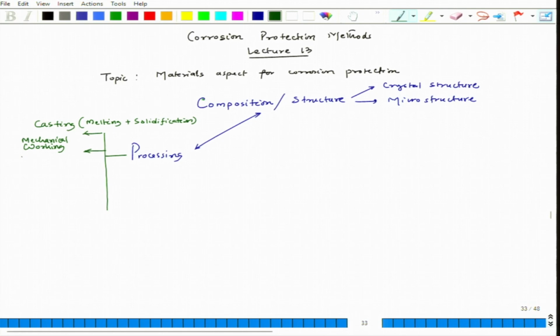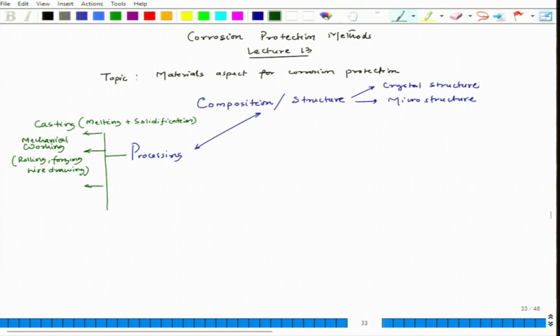and in this particular case we are considering rolling, forging, wire drawing, all those processing factors. In fact, there will be a strong influence of those processes on the corrosion behavior.